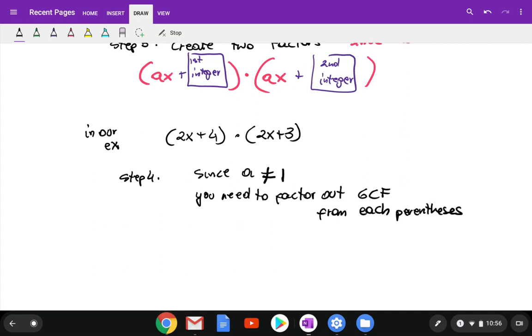Please remember step 4 because that's a very important step. So let's do it. We have 2x plus 4 times 2x plus 3.